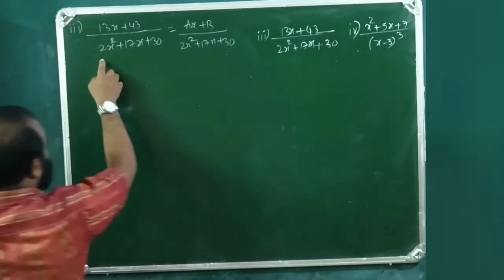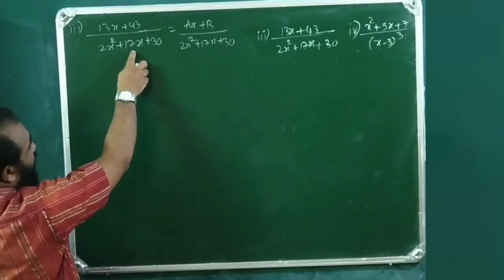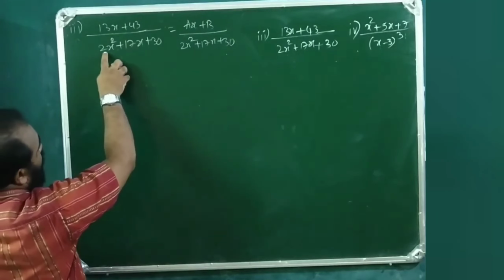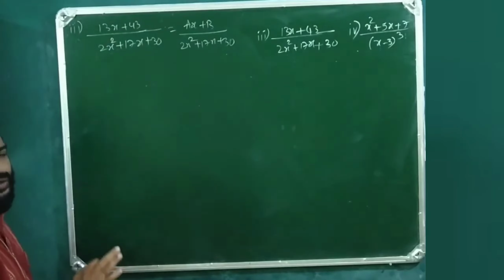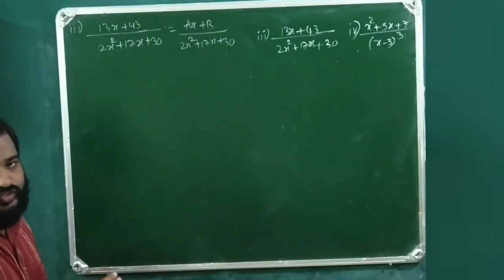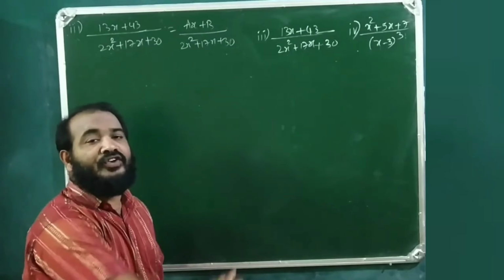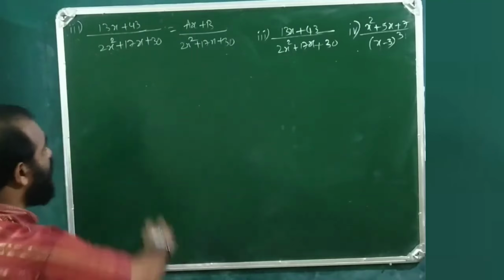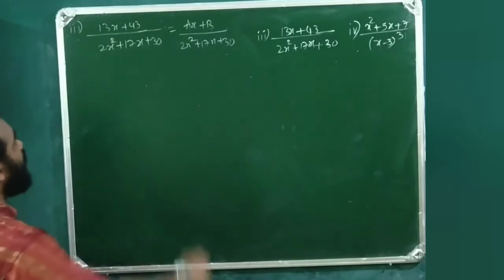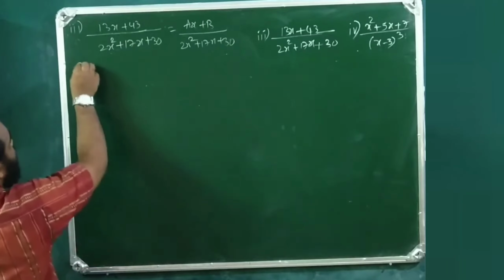So here b square minus 4ac, 17 square is 289, minus 240, so 49, which is positive, it's not negative. If b square minus 4ac is less than 0, then it is said to be an irreducible quadratic factor, but here it has factors. So first of all we need to find the factors for them.